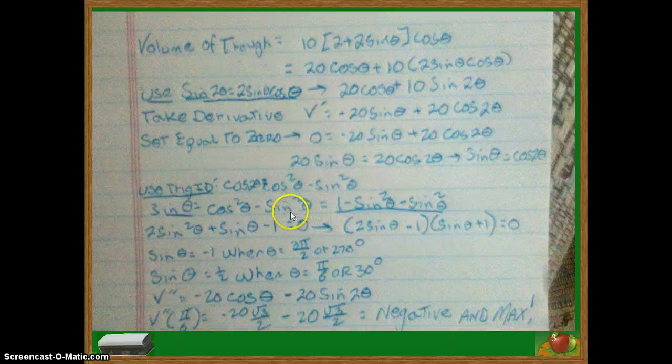You may remember another trig identity that says sine squared of theta plus cosine squared of theta equals 1. If that's true, the cosine squared of theta must equal 1 minus the sine squared of theta. So in the next part I've replaced cosine squared of theta with 1 minus sine squared of theta.